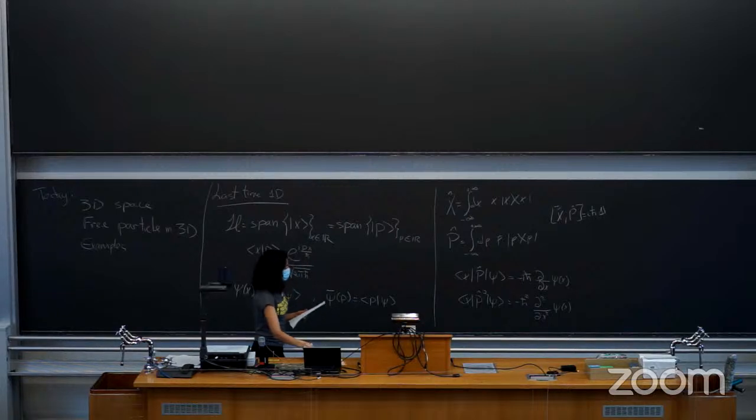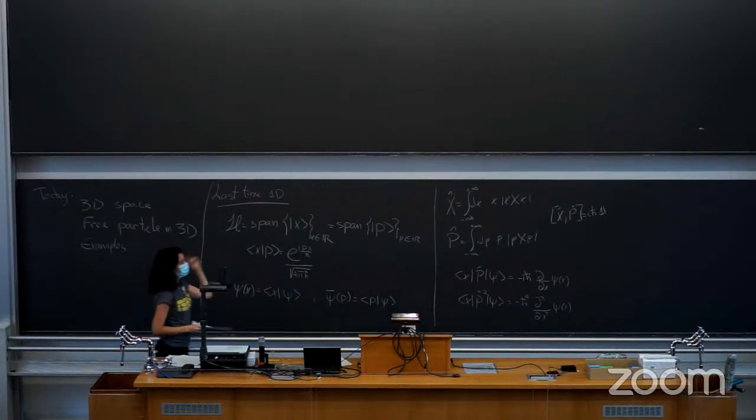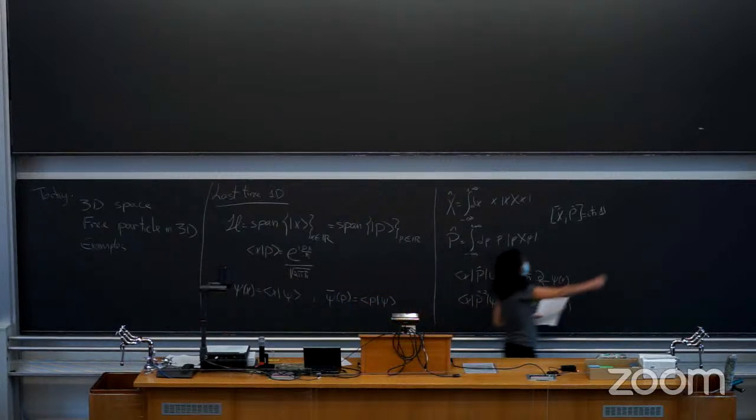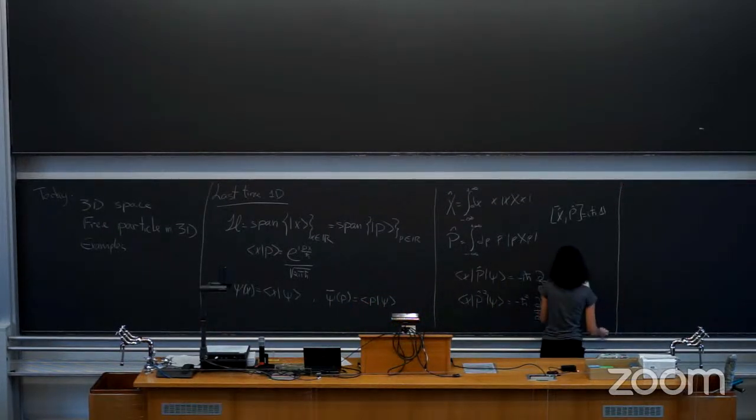So now, how do we go from 1 dimension to 3 dimensions? It all turns out to be very simple. You just take the tensor product for 3D space.